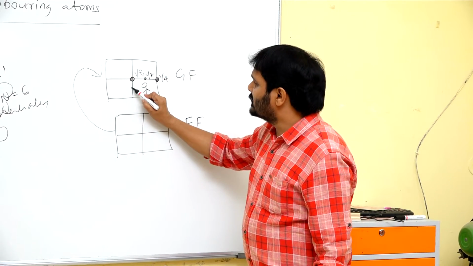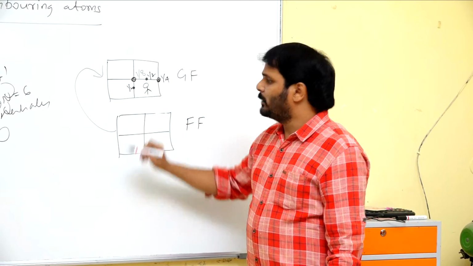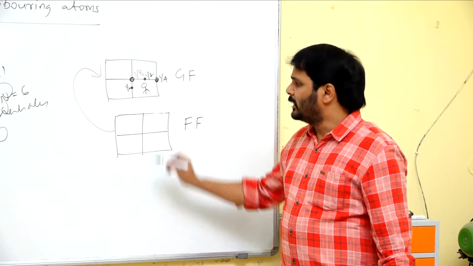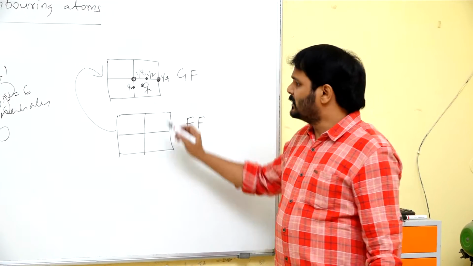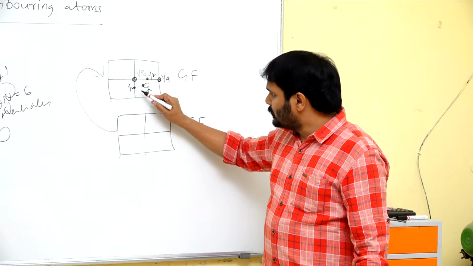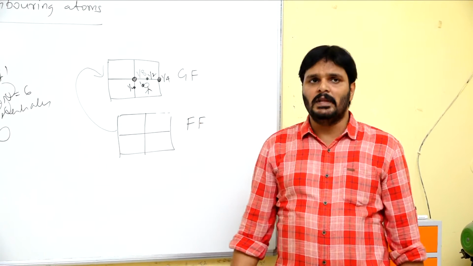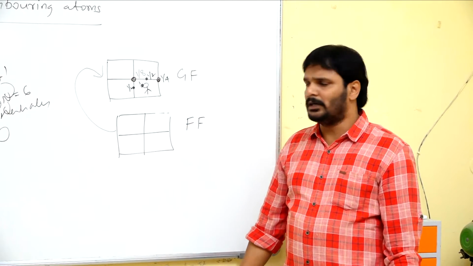If it is present here, again it is shared and the contribution is 1 by 2, and so on. If the atom is in the middle, it belongs to only that one room, and hence the contribution is 1. It entirely belongs to that unit cell, or in other words that room only.